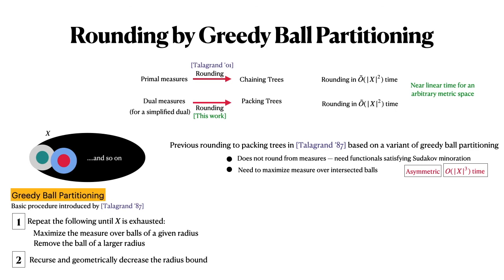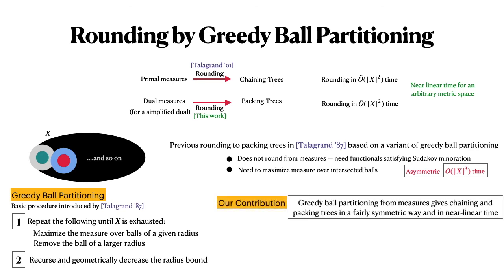So this is a little bit asymmetric compared to the primal rounding, where one just maximizes the measures over balls in a very simple way. And also because of the intersection, it's difficult to implement this in near linear time. So our main contribution is that we show that greedy ball partitioning, if one uses primal and dual measures, gives you chaining and packing trees in a fairly symmetric way and in near linear time.